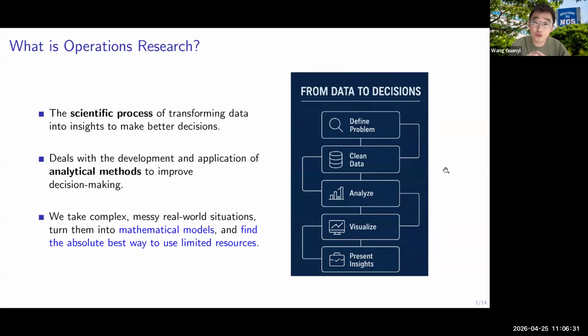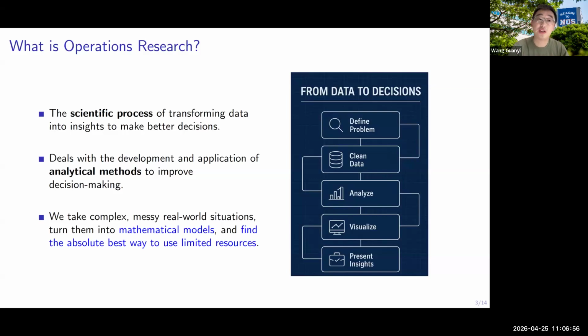But if you consider it in a more restricted way, you might ask, this seems very vague, since data mining, data analytics, and machine learning also do something similar.